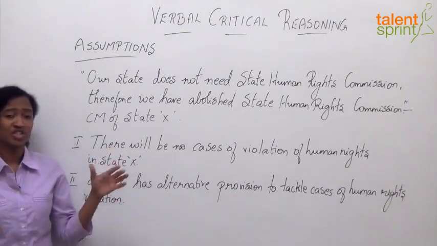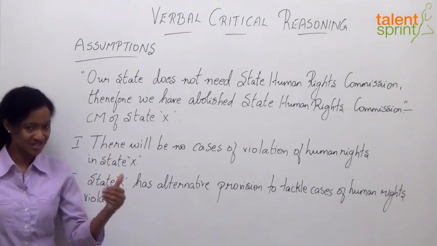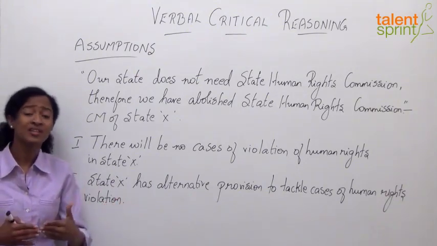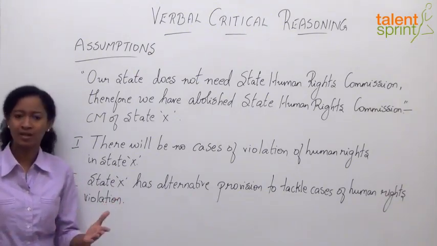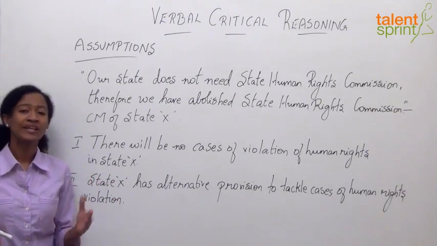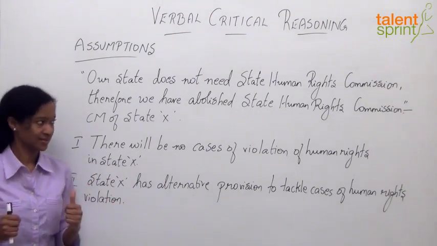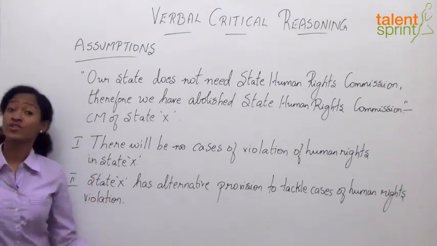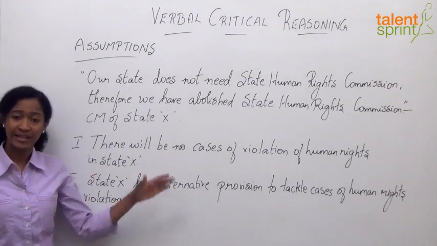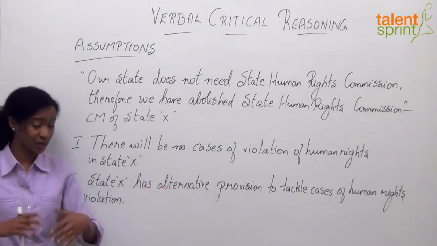Now, the Chief Minister of State X is saying this. When the Chief Minister is making a decision such as this, in case there is something, obviously we are assuming that there will be a backup measure or an alternative measure, without which he cannot go ahead and point blankly say a candid statement like that, right? So I can also say assumption 2. First of all they are saying there will not be any cases of violation, that's why we don't need it.